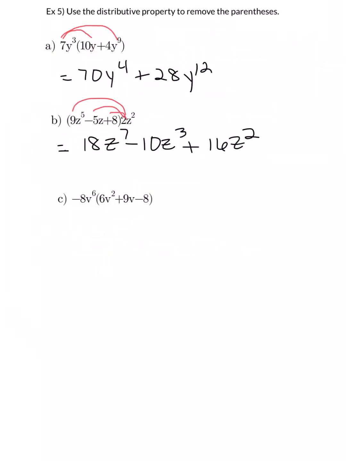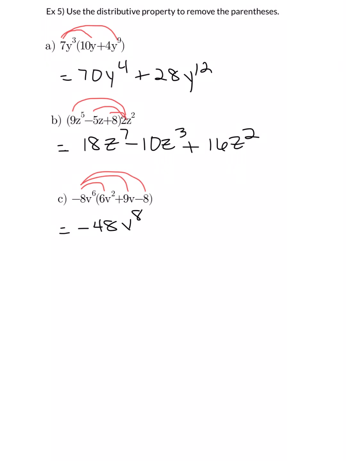For C, we need to take negative 8v to the sixth times each of the items that are inside the parentheses. So for the first one, negative 8v to the 6th times positive 6v squared is going to be negative 8 times 6 is 48. Add the powers: 6 plus 2 gives me v to the 8th.